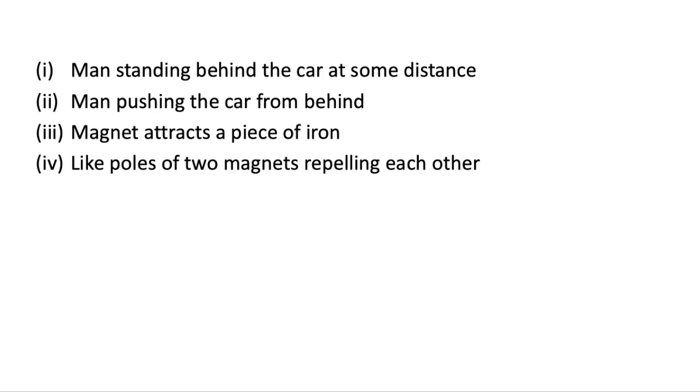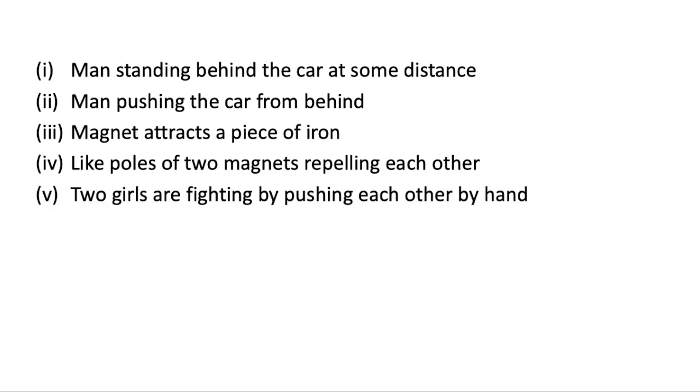Hence, there is a change in the state of motion of the magnets. Next, two girls are fighting by pushing each other by hand. The two girls interact with each other through the muscular force of the hand by applying push force on each other. The two girls move away from each other, hence changing the state of motion.